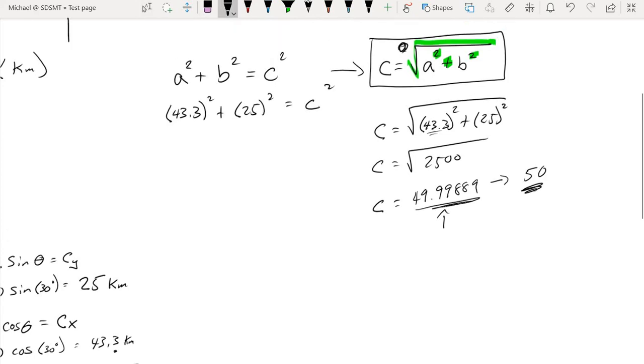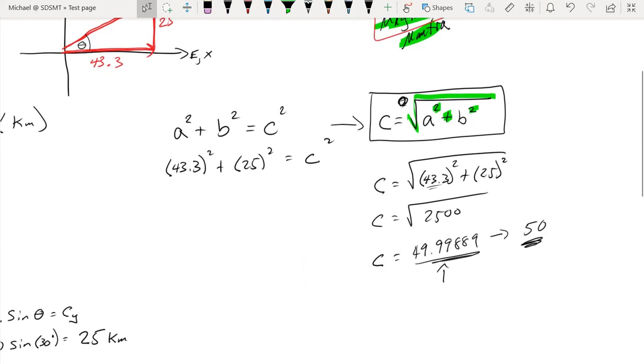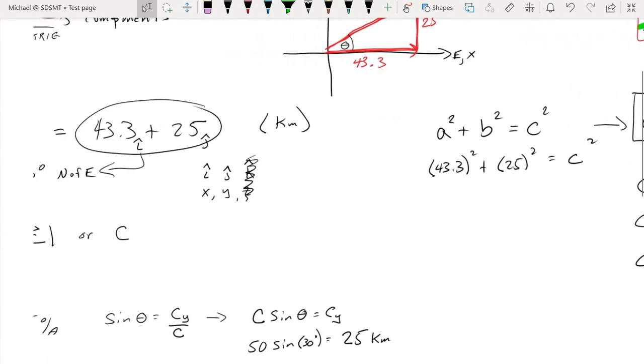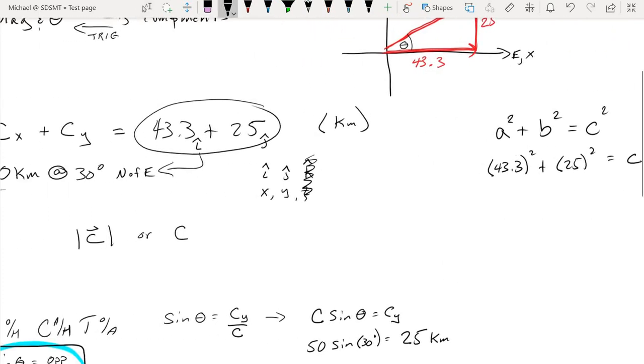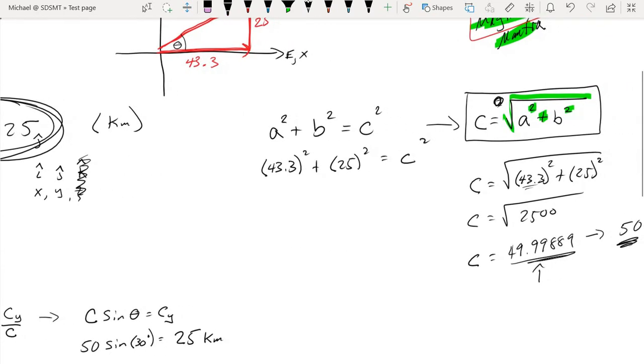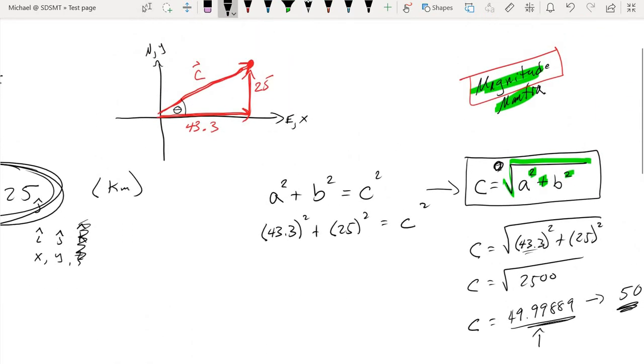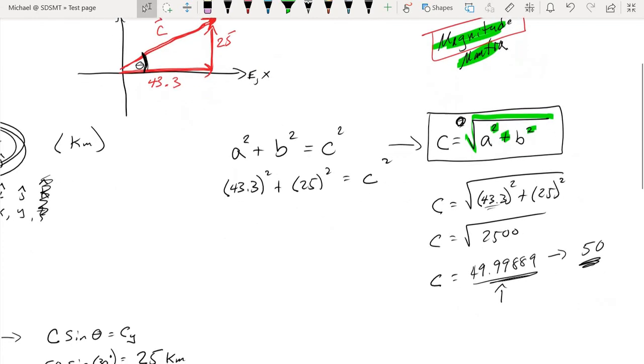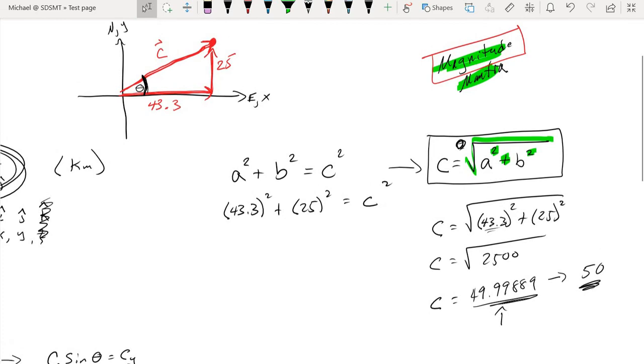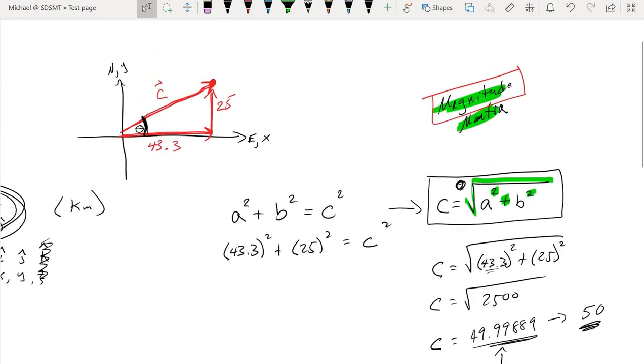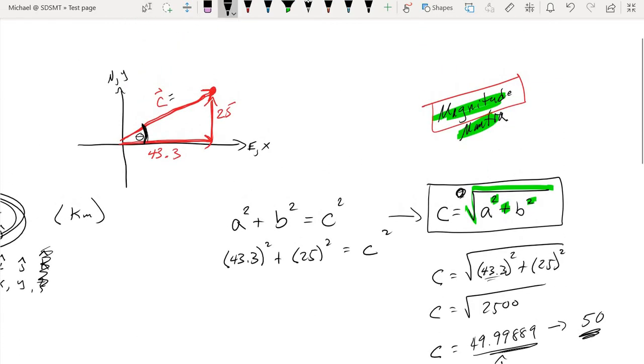But that's the first half. We have reproduced the magnitude of our vector using the components. Now we need to reproduce the angle of that vector. We do now have the magnitude of our vector, but that's a calculated value.